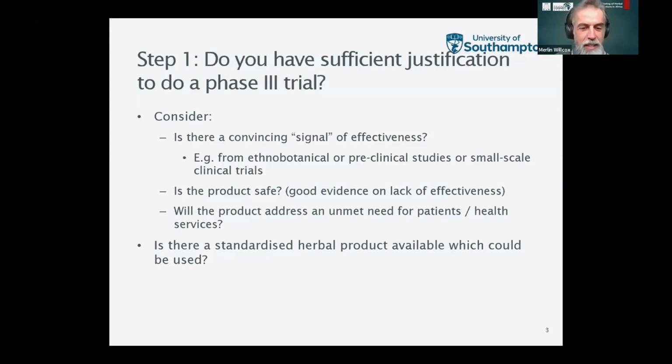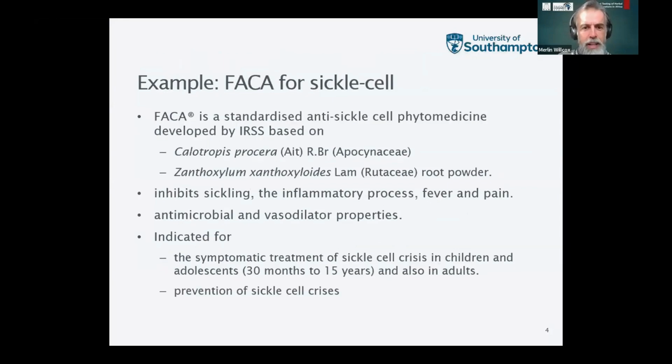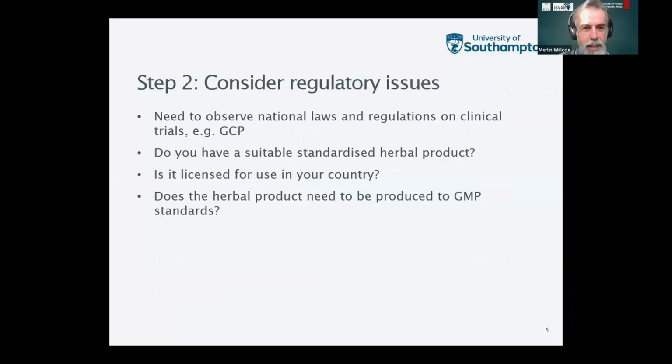And then the last thing is, is there a standardized herbal product available which could be used? And again, FACA is a good example of that. So I don't need to repeat this because Sylvain has already presented it. So this is the example I'm going to be using throughout this talk.